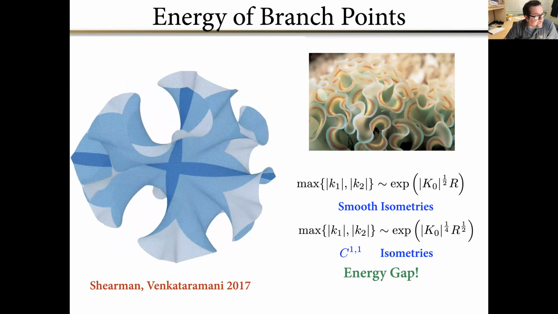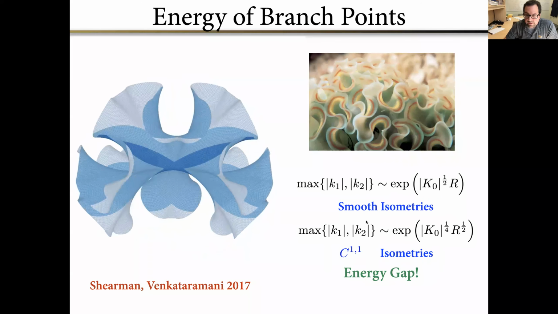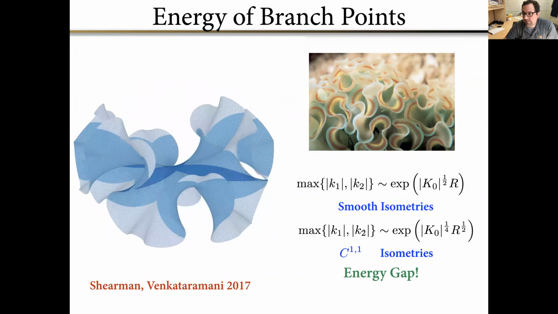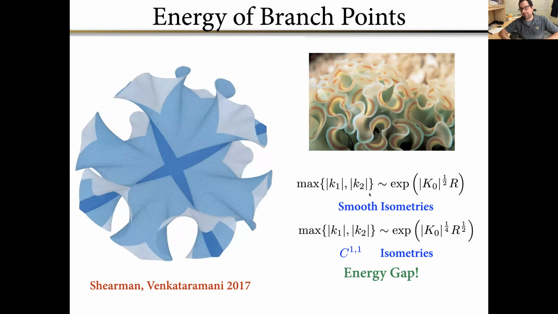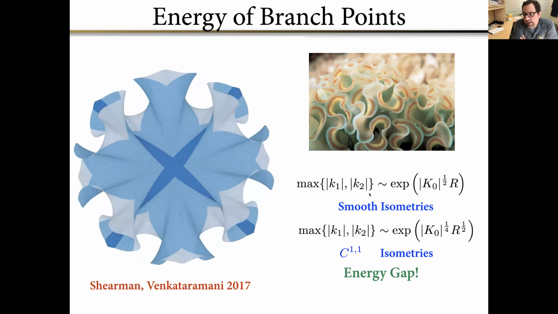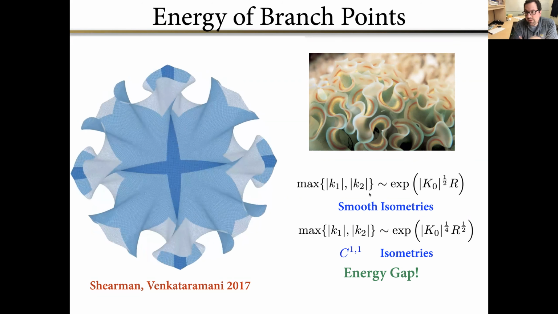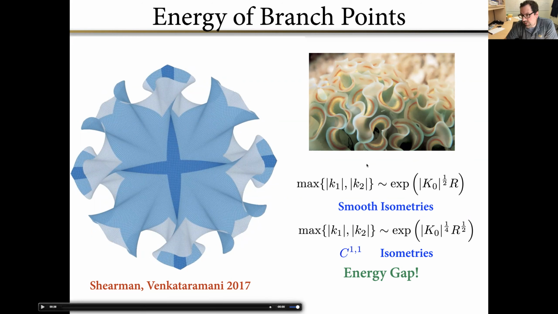And from an analysis perspective, this is really a statement about density of solutions. So if I just take this problem and plug it into a standard finite element simulator, and if it assumes smooth isometries, it's going to pick up energy scalings on this level.